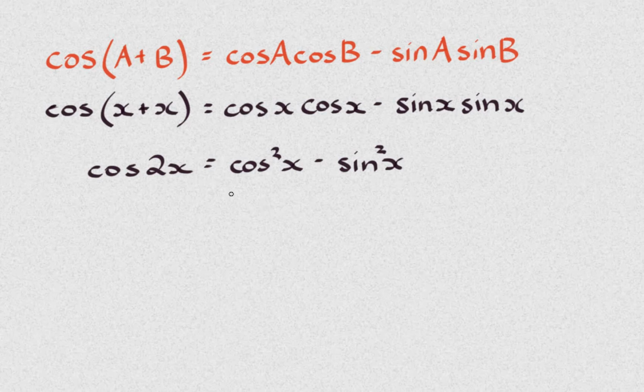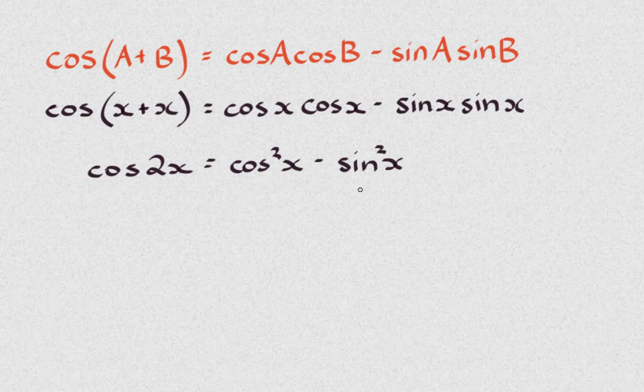And what's great about this is it involves both cos squared and sin squared. And remember, that's what we're after in this video. We are trying to find the integral of both of these. But we just want to focus on one at a time.